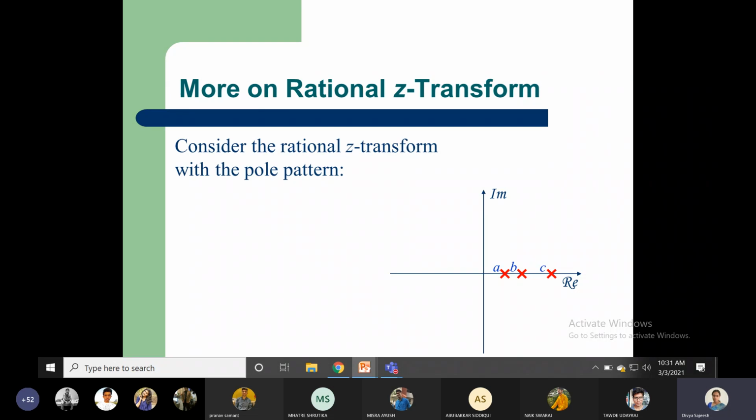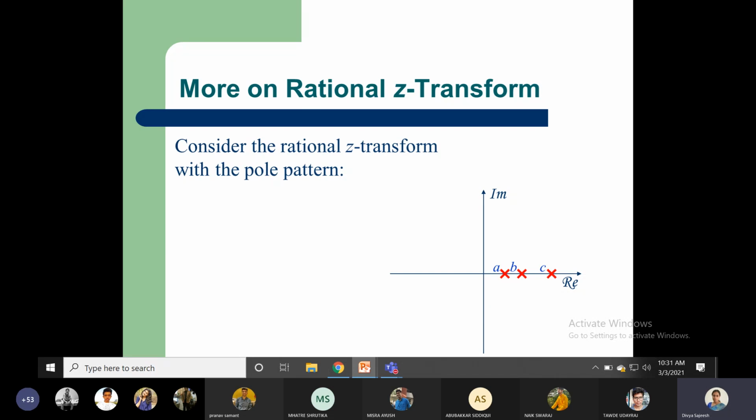By looking at the pole location, we can identify the ROC of the signal, and we can identify whether the signal is right-sided or left-sided, or I can say causal or non-causal, or whether it is a two-sided signal, by looking at the pole pattern. From where will you get the pole pattern? From the Z transform equation.